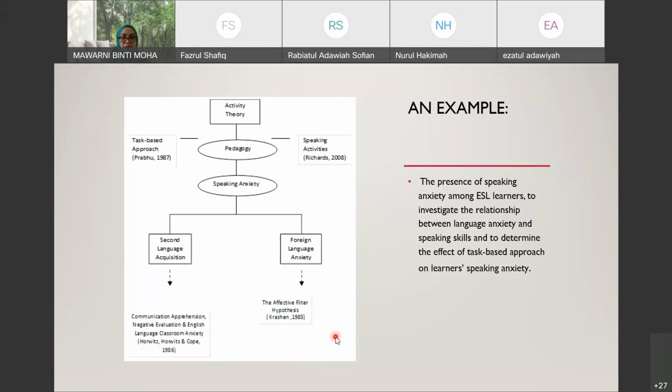Let's say intelligence. People say intelligence is derived directly from your parents, whereas some researchers say that intelligence can be obtained from your environment as you grow up.